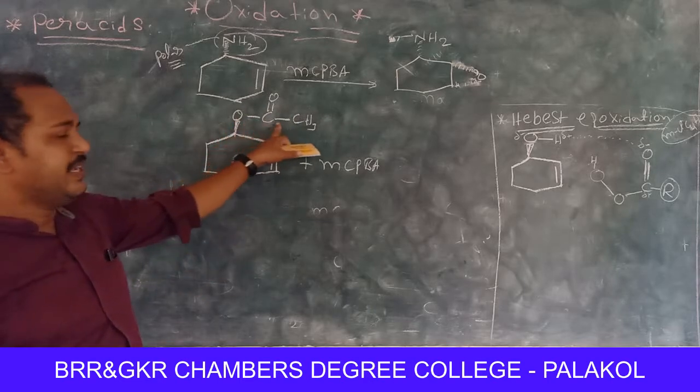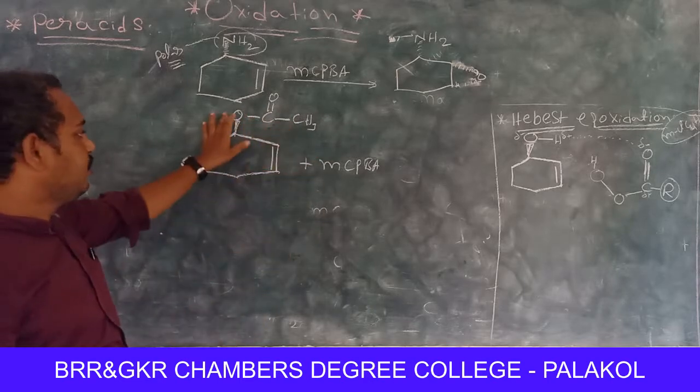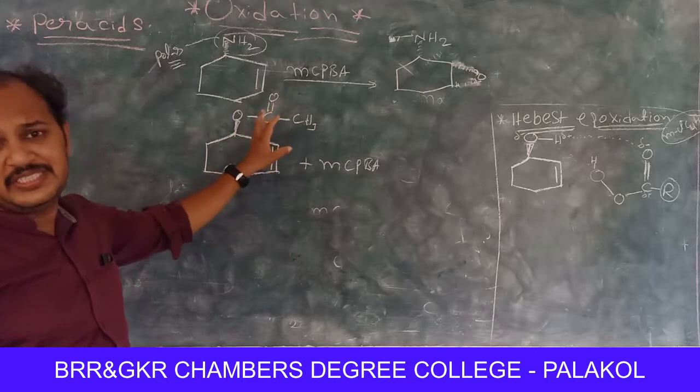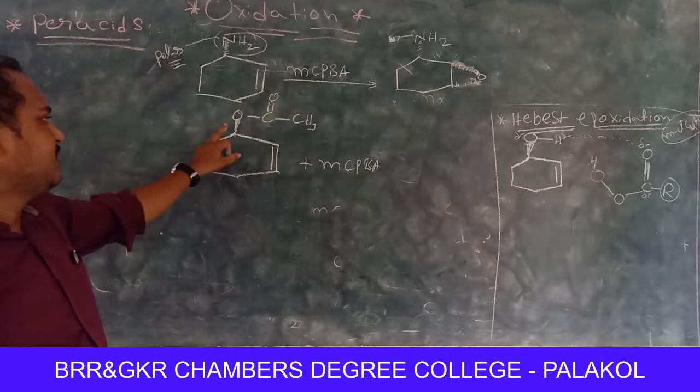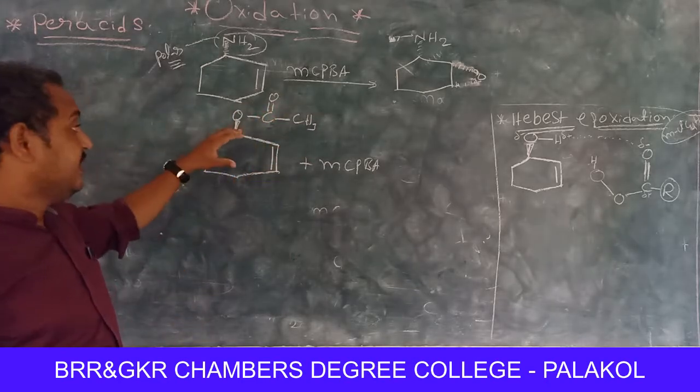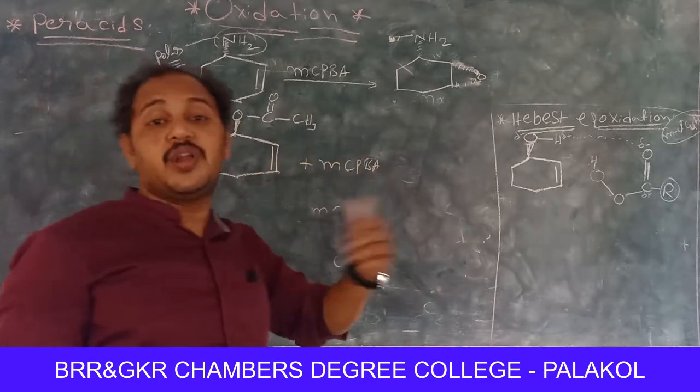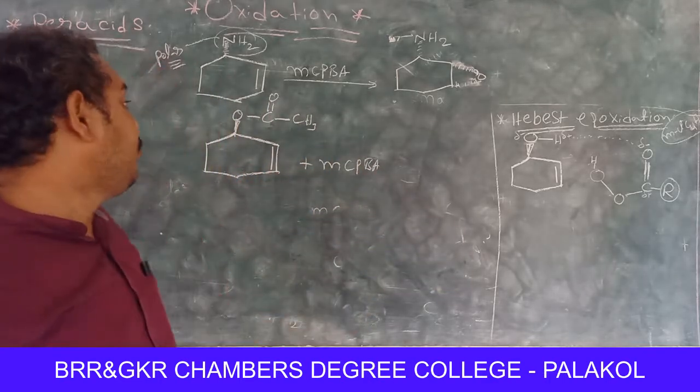I have taken some ester, OC double bond O CH3, a COO ester group which is present above the plane. And here the ester is not a good polar group.